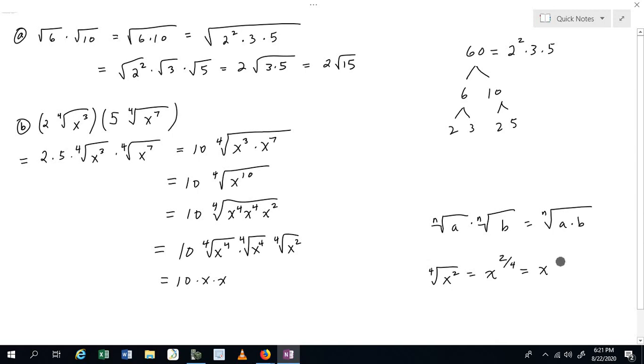They have a factor of 2 in common, so you can write that as x to the 1/2 power, which is the square root of x. So this is simply the square root of x if you reduce it, and this becomes x squared. Okay, so that's how you would multiply these two together, and this would be the simplified answer.